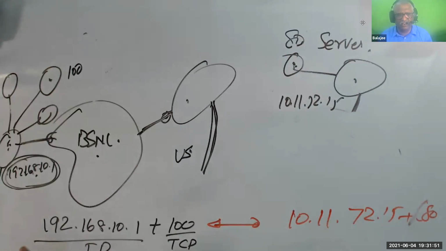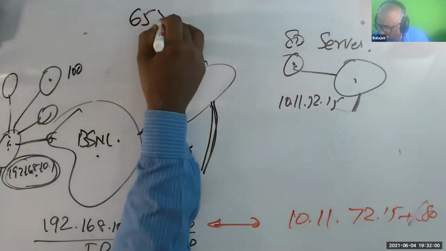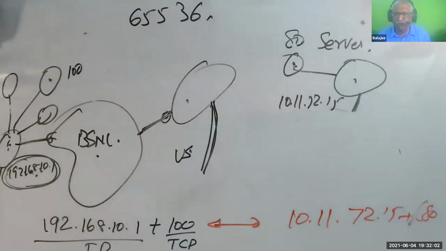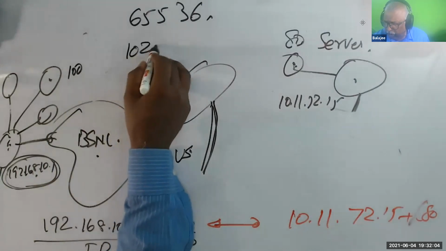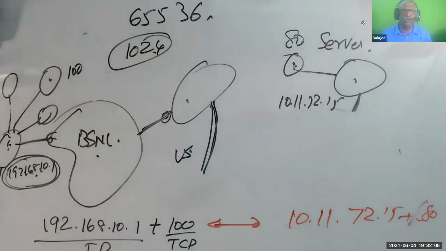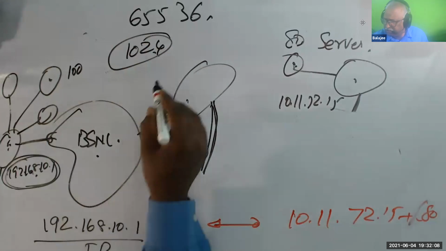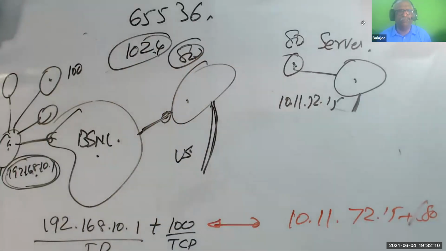If it's telnet, for every application, as I told you, there are 65,536 ports, of which up to 1024 are fixed for specific applications. Like 80 means the web application has port 80. Am I right?